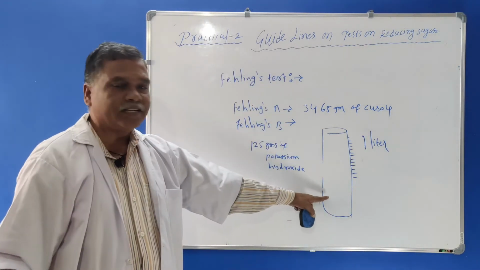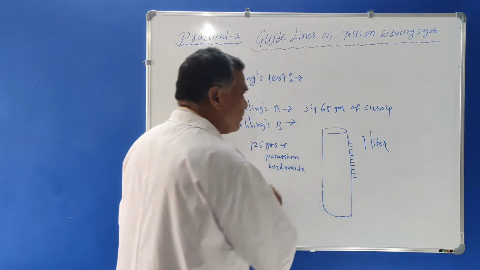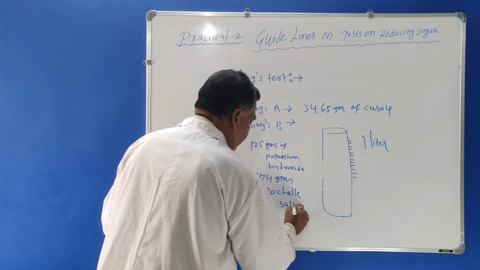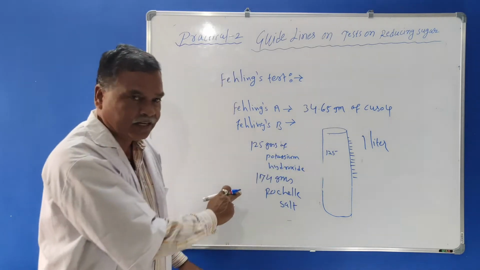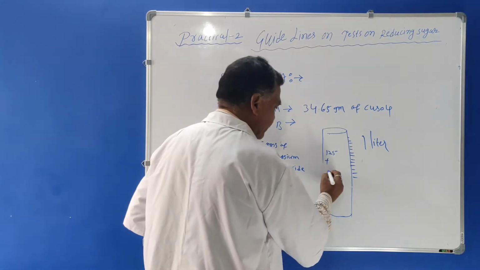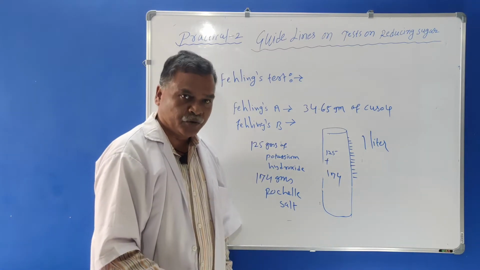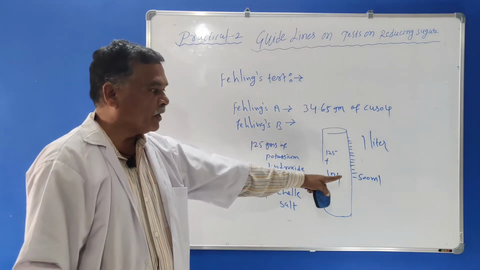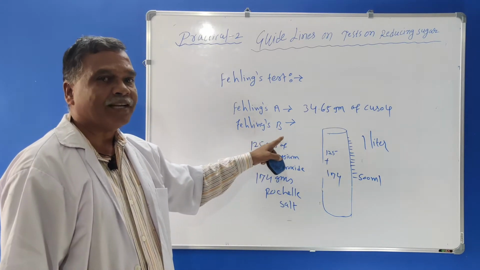So in this measuring cylinder we have to take 125 grams of potassium hydroxide, and then 174 grams of Rochelle salt is added to this. It is diluted up to 500 ml of water, and in this way Fehling's B solution is prepared.